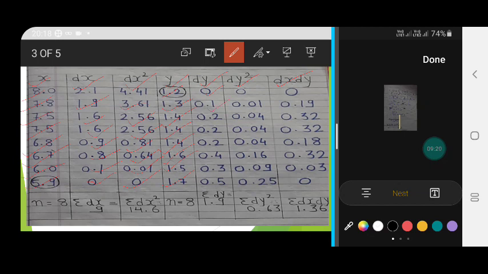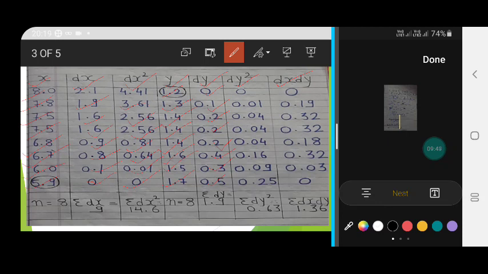Then 1.4 minus 1.2 comes to 0.2, and again 1.4 minus 1.2 is 0.2, and once more 0.2. Then 1.6 minus 1.2 is 0.4. Then 1.5 minus 1.2 is 0.3. Then 1.7 minus 1.2 is 0.5. This way we have completed the dy column.